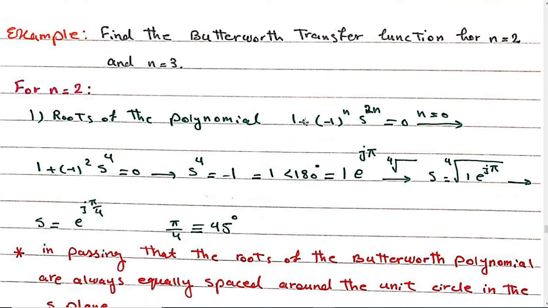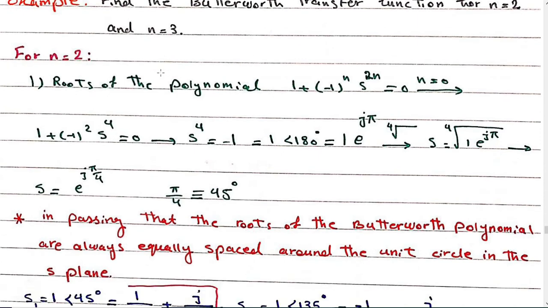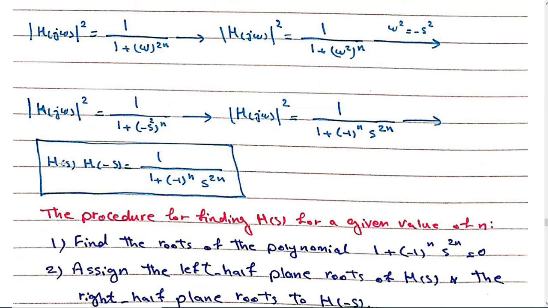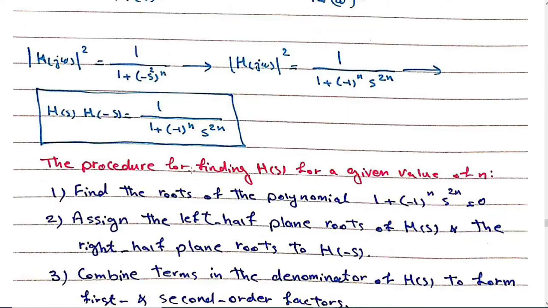So let me explain it more through this example. Find the Butterworth transfer function for n equals 2 and n equals 3. So for the first step, n is 2. So we have this transfer function over here, H(s) multiplied by H(minus s). What is the first step?